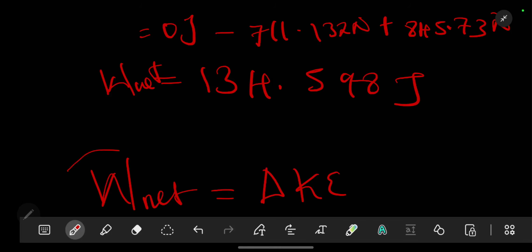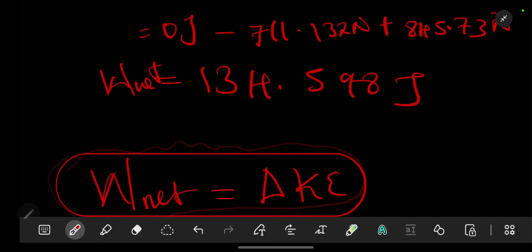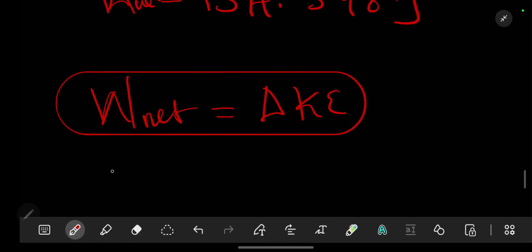So as long as you have the net work done, it will be equal to the change in the kinetic energy. Therefore, the net work done should be equal to the change in the kinetic energy.